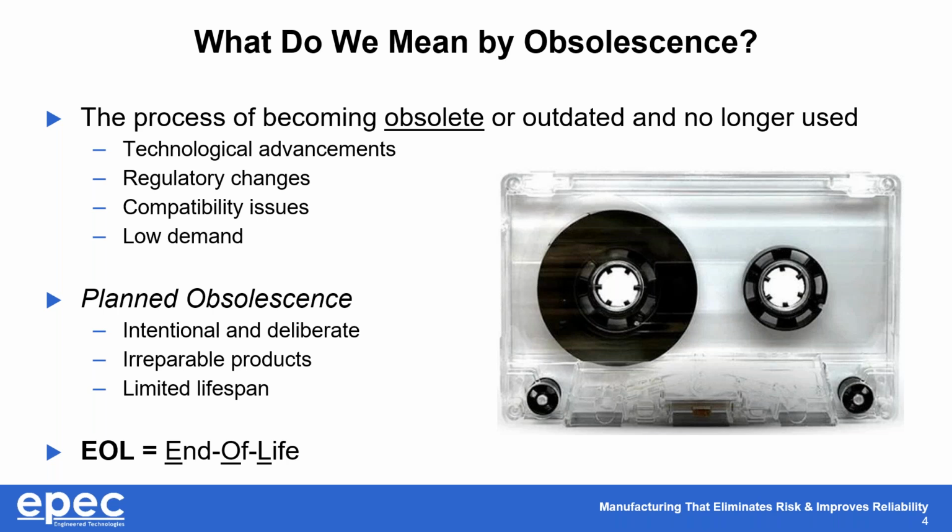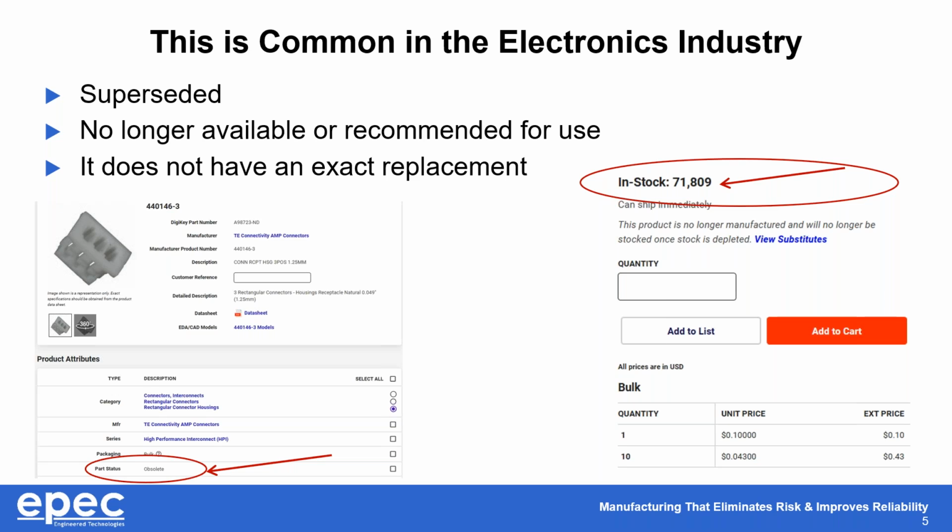And lastly, one thing we may see common in the industry is this EOL terminology. That's another way that we indicate a product is going end of life. And again, this is wildly common in the electronics industry.